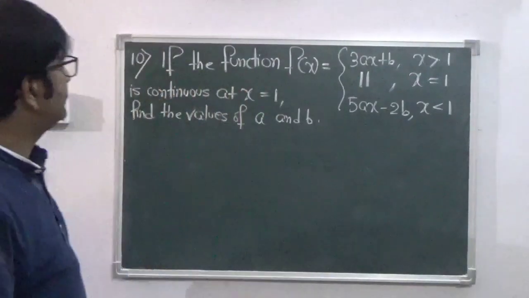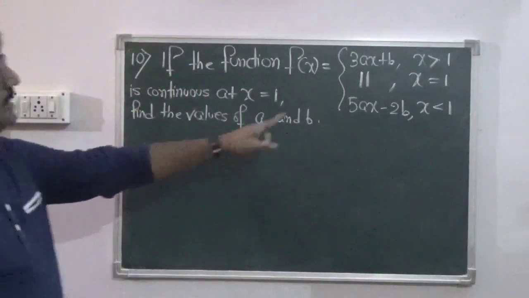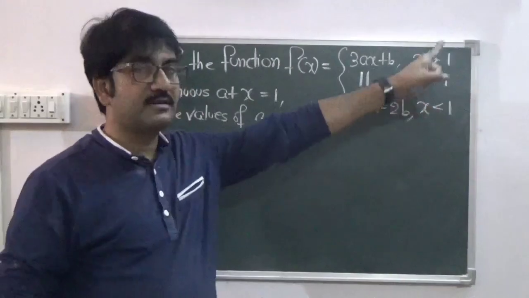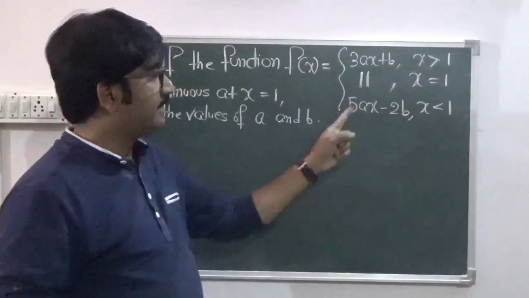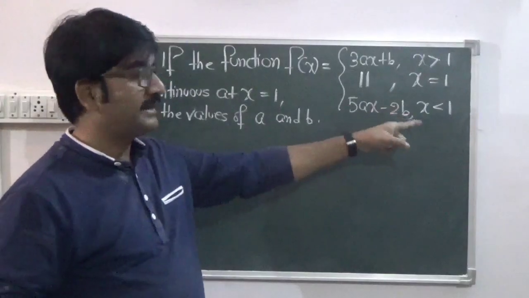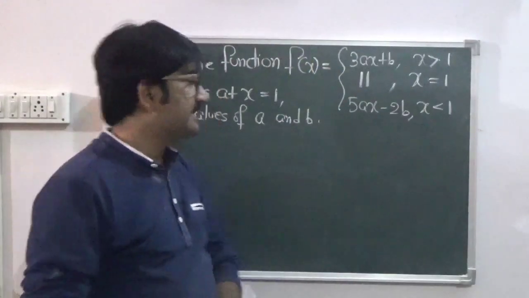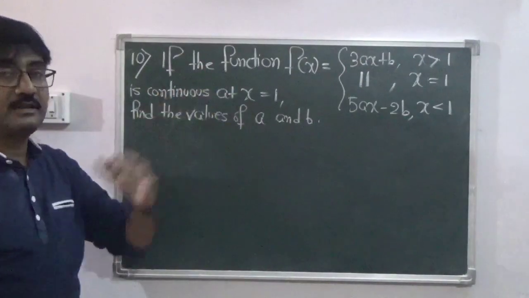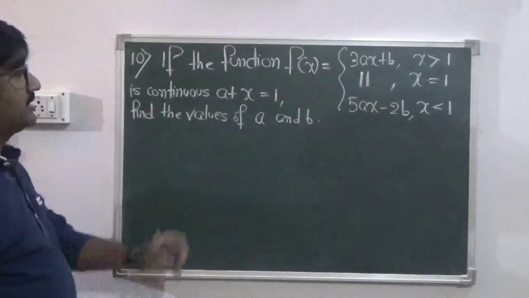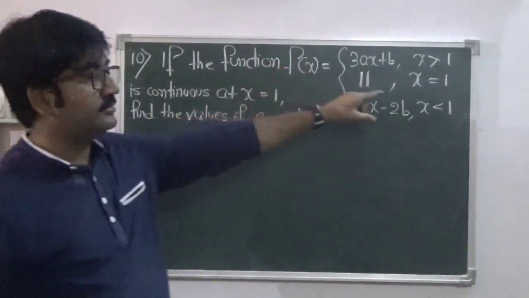So this is the question on the board. If the function f(x) is 3ax plus b when x is greater than 1, is 11 when x is equal to 1, and 5ax minus 2b when x is less than 1. So it is being asked in the question to find the values of a and b given the condition. The given condition is that it is continuous at x equals to 1.